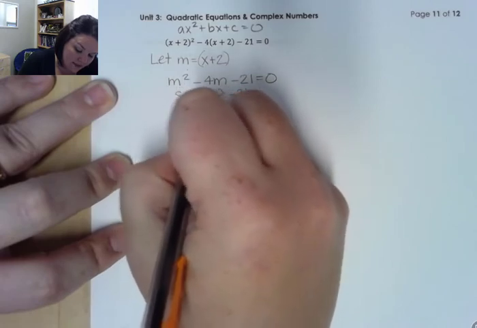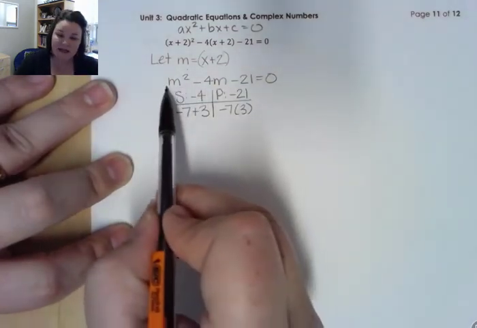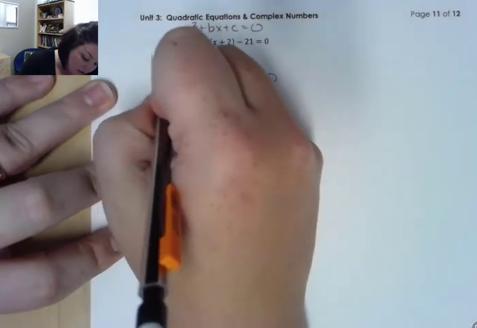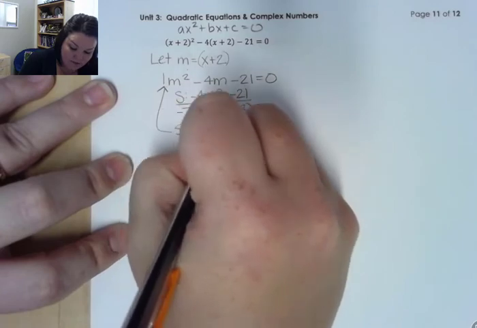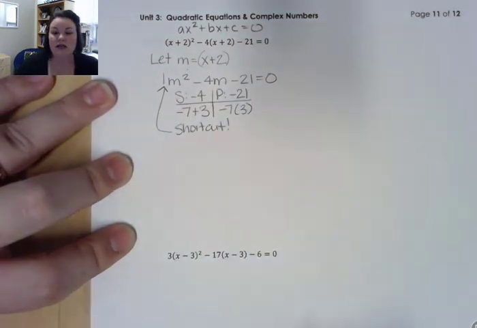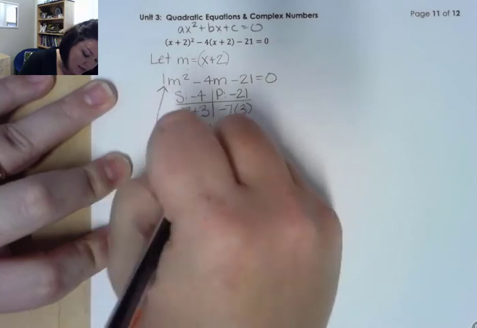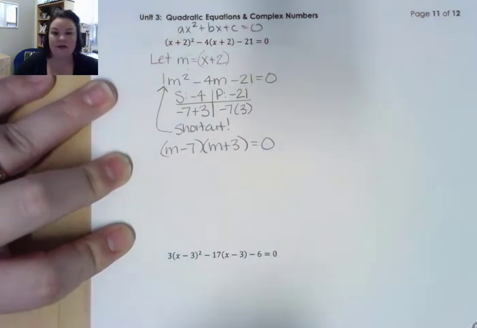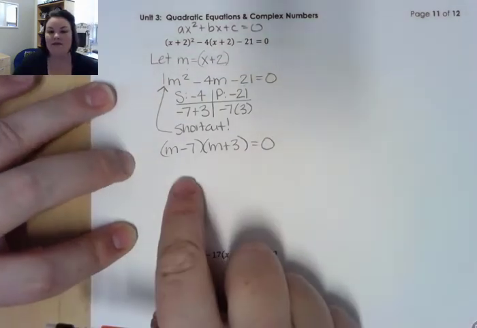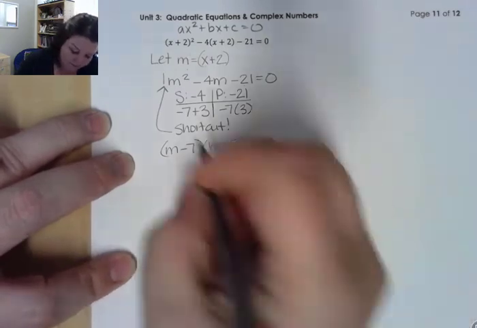Because a -7 plus 3 gives me my -4. And because my leading coefficient is a 1, right? Then I can use my shortcut. Yay for shortcuts. So I know this is going to factor into m minus 7 times m plus 3 equals 0. And now that I have it factored, I want to set each factor equal to 0 so I can solve.